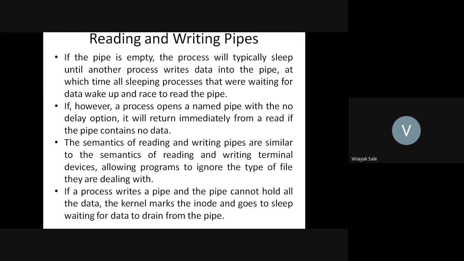If a process writes to a pipe and the pipe cannot hold all the data, the kernel marks the inode and goes to sleep waiting for data to drain from the pipe.